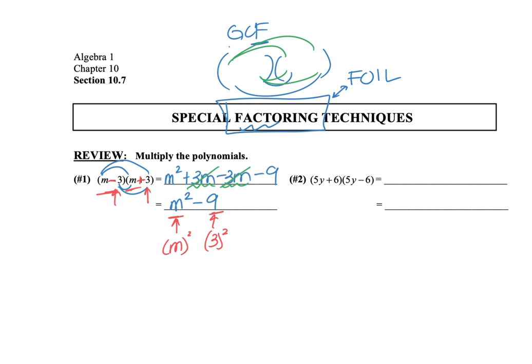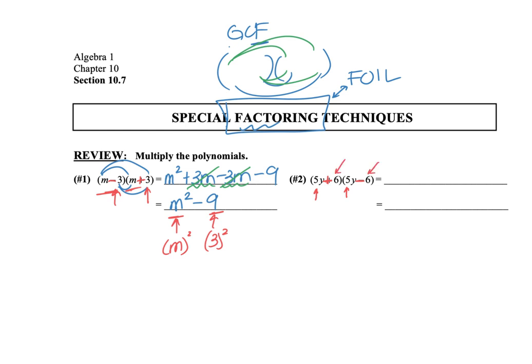In number 2, we're going to FOIL this out again. And again, I want you to notice something. These two binomials look very, very similar. I have a 5y plus 6, and I have a 5y minus 6. So I have the same first term and the same last term for both of those.